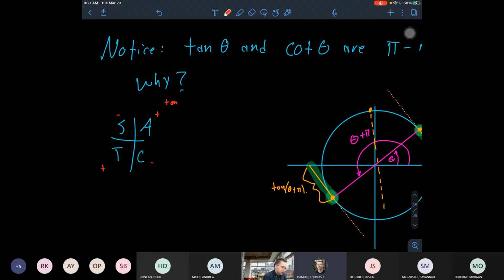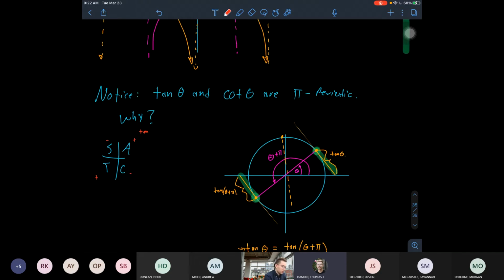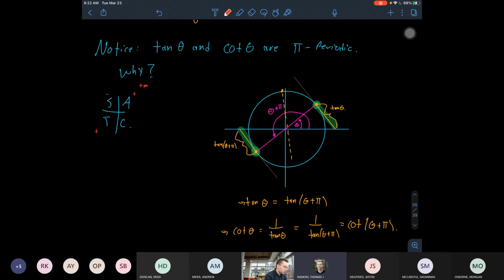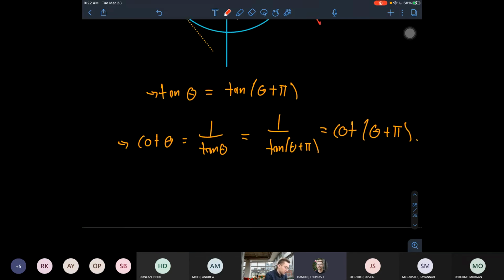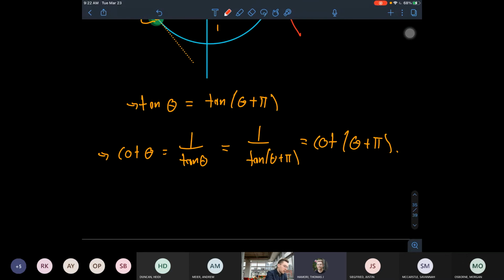Okay, so 3 ways to think about it being pi periodic. We can think about the ratio between those 2 sine and cosine functions. We can think about what tangent really means geometrically. And we can think about ASTC. And then as for why we should expect cotangent of theta to be pi periodic, well, it just comes from the fact that tan theta is pi periodic.